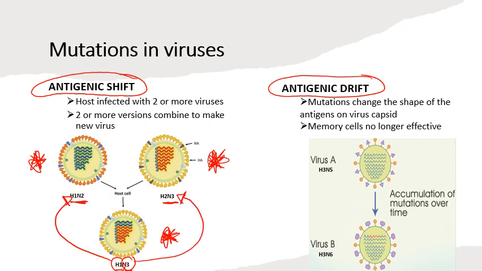So we've now created a hybrid virus via antigenic shift. And similar to what we were talking about before, that may mean that your memory cells and your antibodies that you had previously created to that original virus are no longer effective to this new virus.